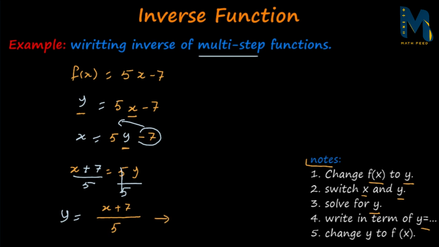And then we change y to f inverse of x equals x plus 7 over 5. Simply done. This is how we find the inverse of a function.